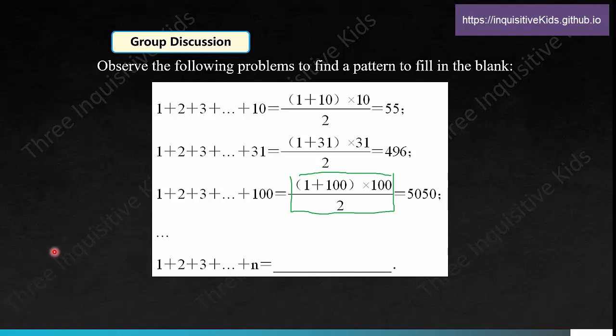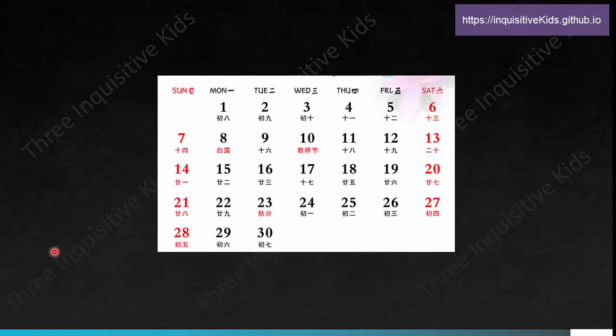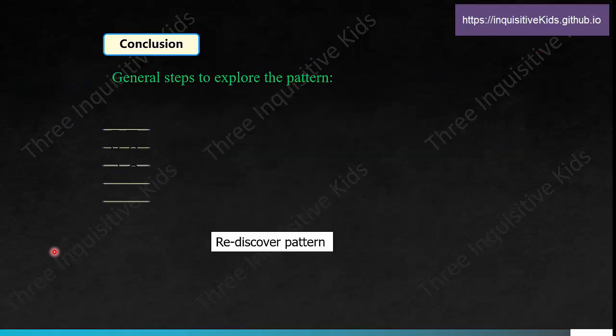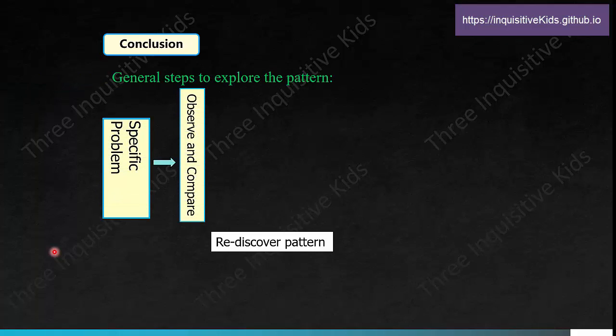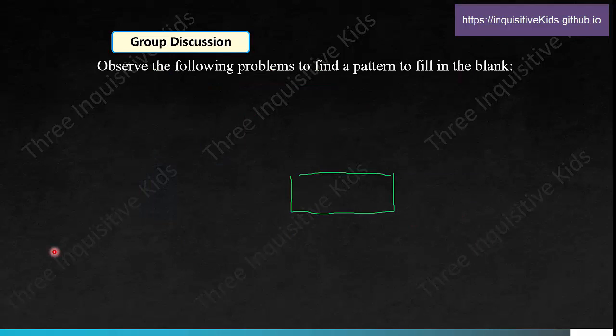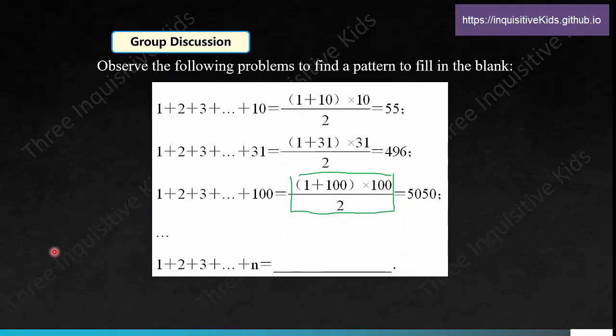Okay, let's first go back to what we have over here. So we have a problem, and then we're going to observe and compare. So we're going to go back and find the problem. Let's look at all of these and try to find the similarities and differences.